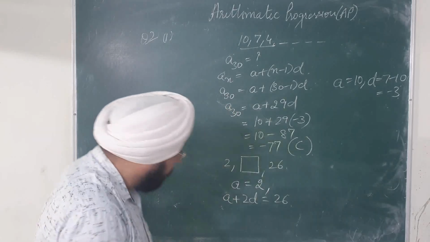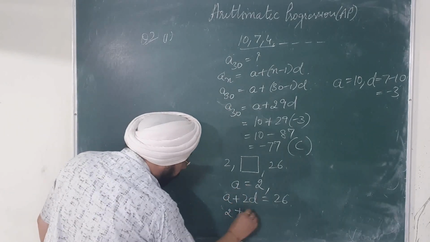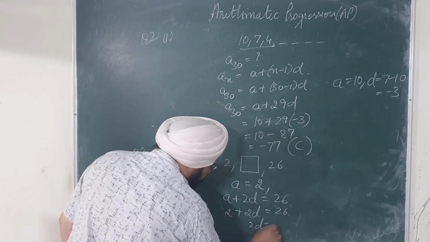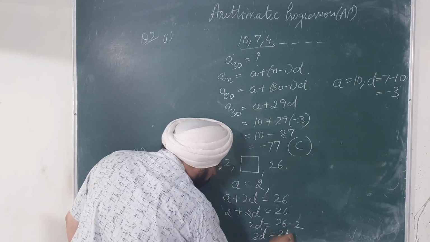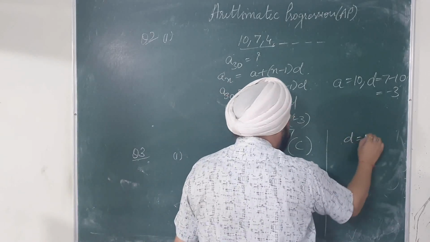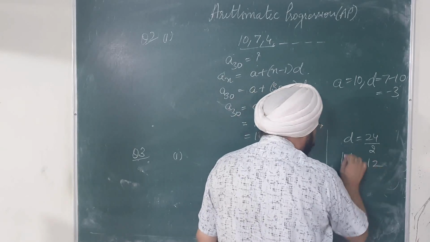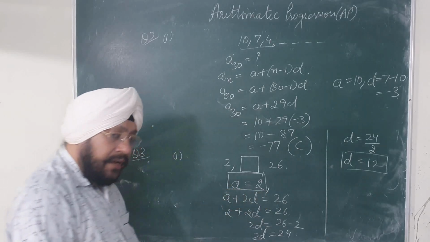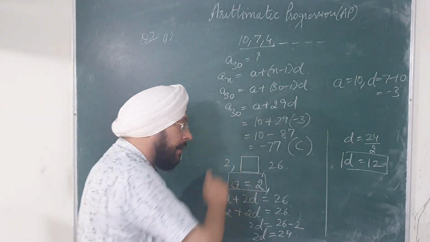If I put a equals 2 in the second equation, 2d becomes 26 minus 2, or we get 2d is equal to 24, or we can say d is equal to 24 by 2, so d is equal to 12. So we have a and d, and we have to calculate the second term.